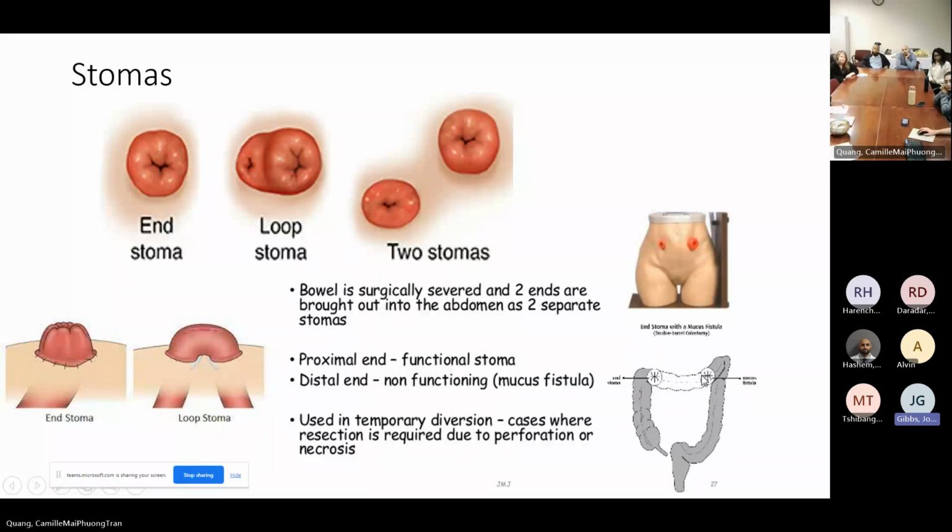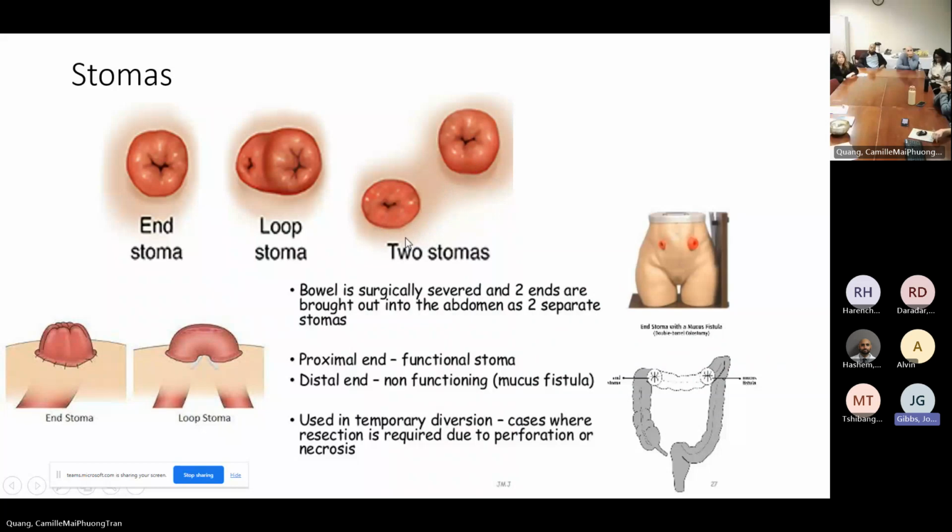So a lot of times you bring up something called a mucus fistula here, so that the pressure doesn't get too big in this section and get dilated. It increases your risk for bacterial overgrowth as well. So your end, your loop, or sometimes you see two.